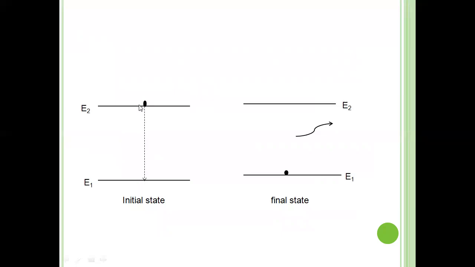After the completion of that lifetime, the atom randomly or spontaneously comes back to the lower energy level with the emission of one photon. Such a process we call spontaneous emission, where no external energy is required.